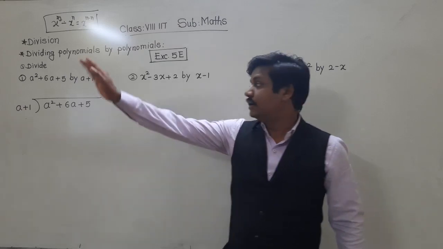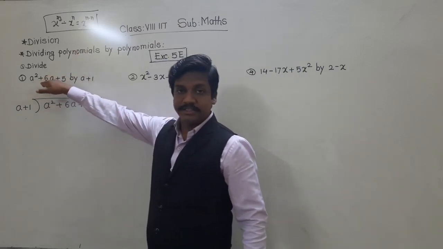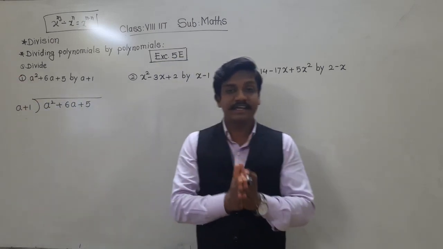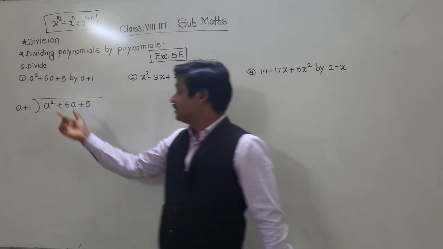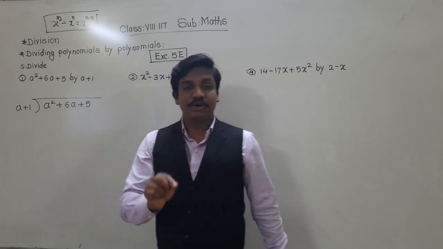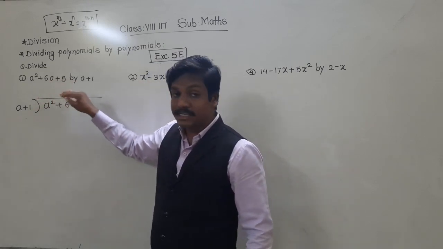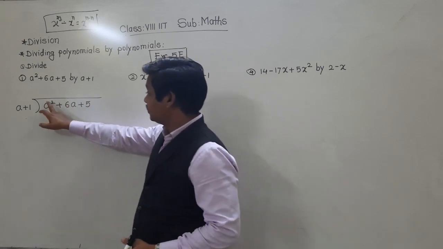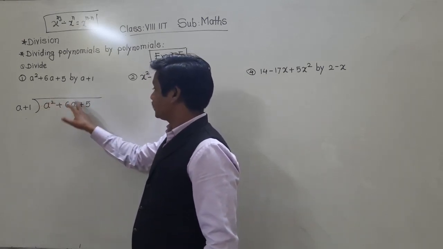Now while arranging this dividend and divisor, what care do we have to take? They should be in descending order; the exponents of the variable should be in descending order. Like here a raised to 2, a raised to 1.